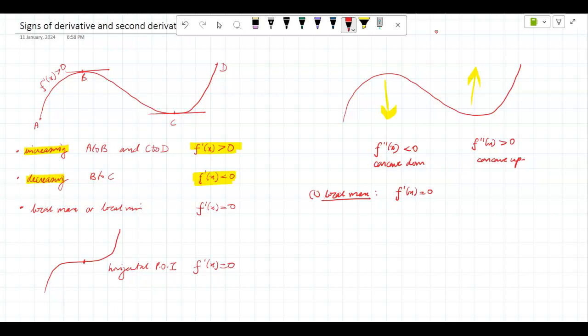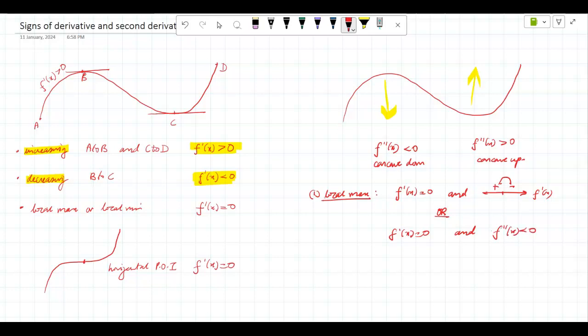When you look at the sign diagram for the derivative, it will be increasing and then decreasing. Or your first order derivative is 0 and your second order derivative is negative.